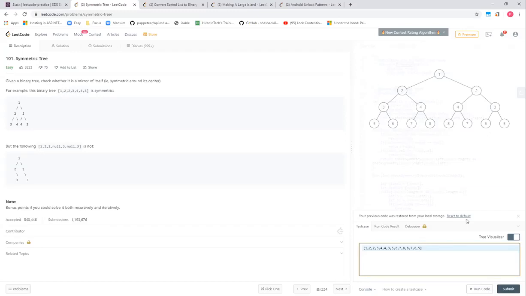Let me check if it will create any other cases. Let's suppose we have root as 1, we have 2 at the left, and okay, so you're saying pre-order. Let me share my screen. So let's suppose we have this 1, here also 2.